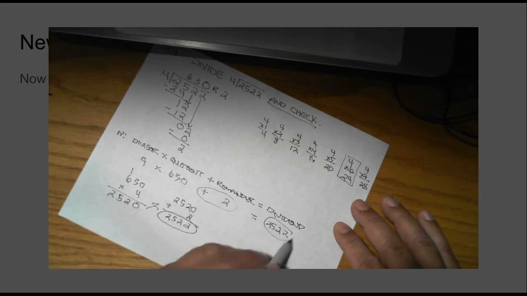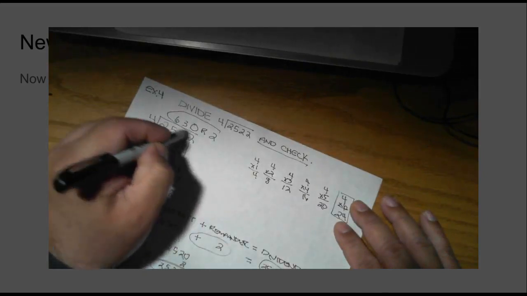And then we bring it down because this would be like having zeros, right? So 2 plus 0 is 2. 5 plus 0 is 5. 2 plus 0 is 2. So does my sum equal the dividend? Yes, it does. So this is the correct quotient.